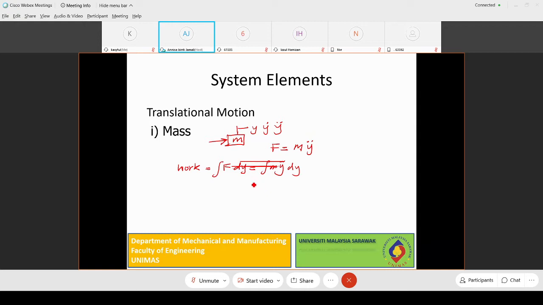If we want to integrate this, we can simplify. y double dot can be dv over dt, where v is velocity, multiplied by dy. If we cancel this, then we get half m v squared.